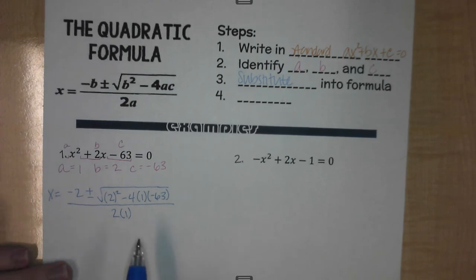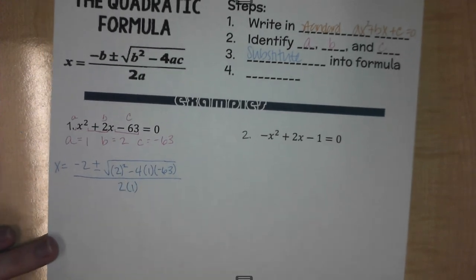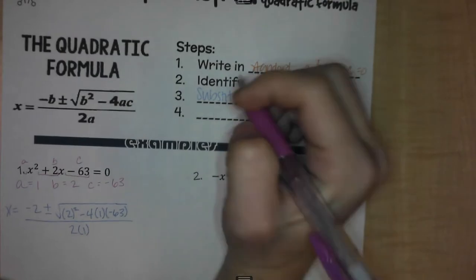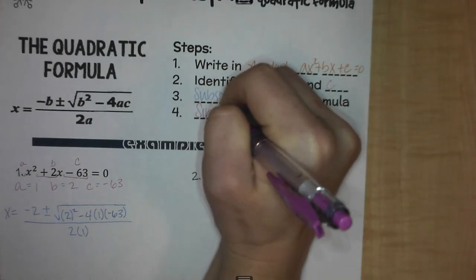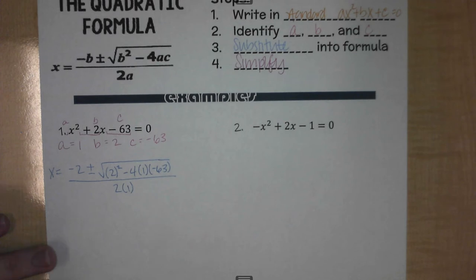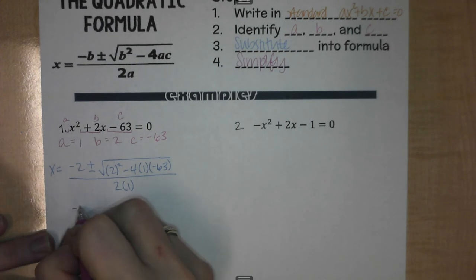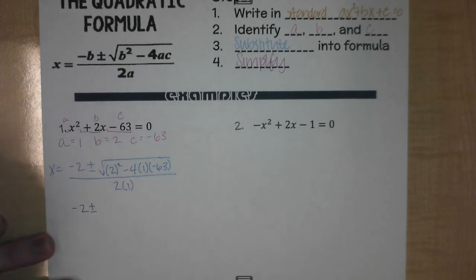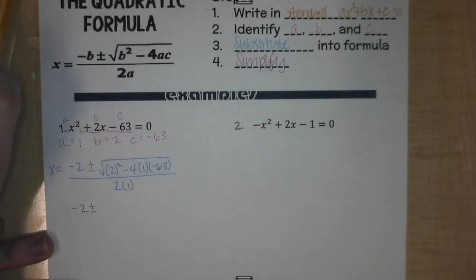All right, let's simplify. Oh yep, that's our last step, simplify. Okay, so we've got negative 2 plus or minus. What do we have underneath our radical?